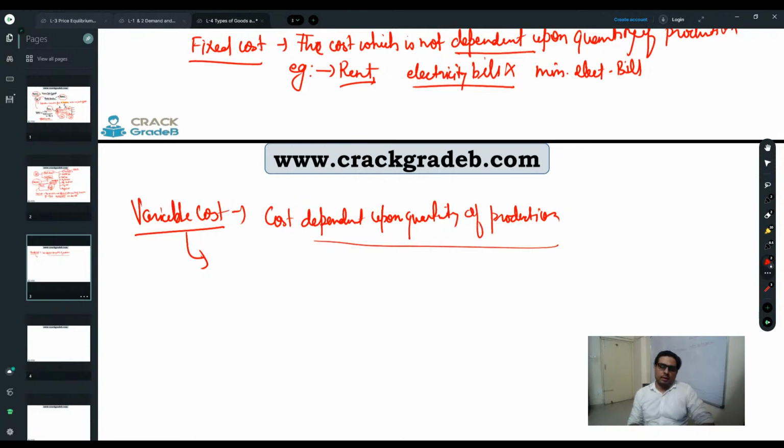Raw material, wages, electricity bill, all these things will come under the category of variable cost.